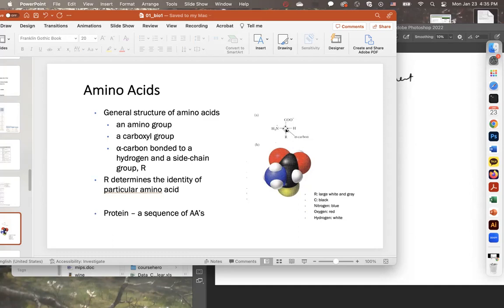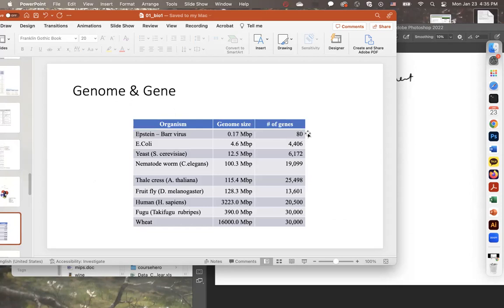But you always have the alpha carbon at the center, and then you have hydrogen and nitrogen. And so we'll come back to amino acid later on.